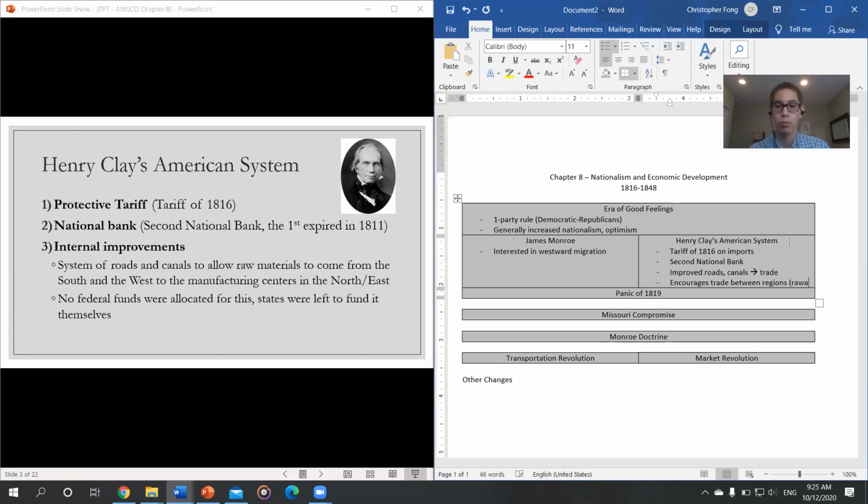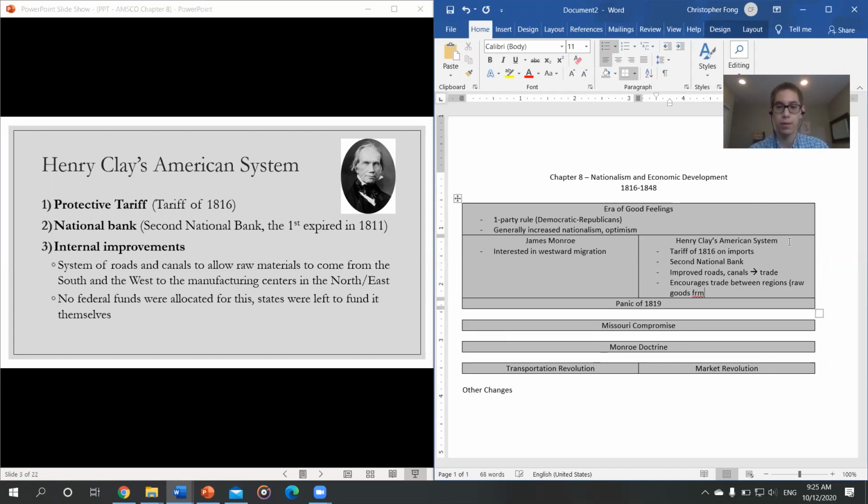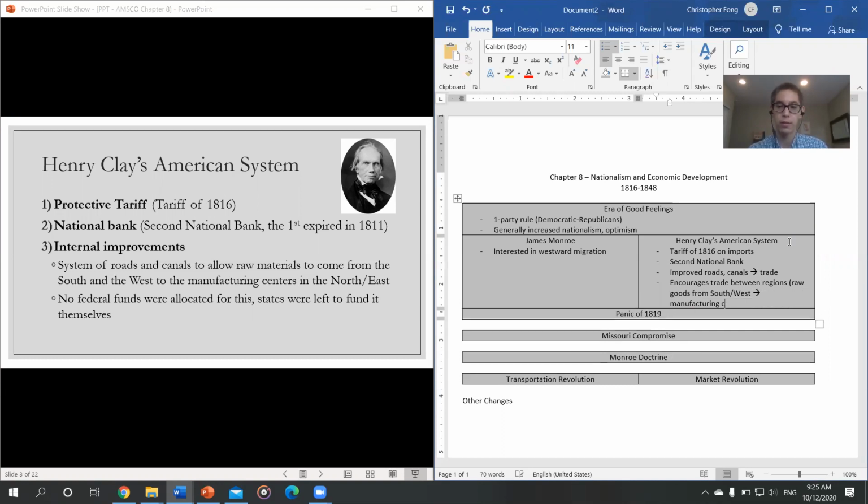So you have raw goods from the South and the West, and they go to the manufacturing centers in the North and the East. So Henry Clay's American system allows the American economy to grow and to boom and to prosper by allowing each region to play their own part, which may or may not cause some troubles later on down the road.